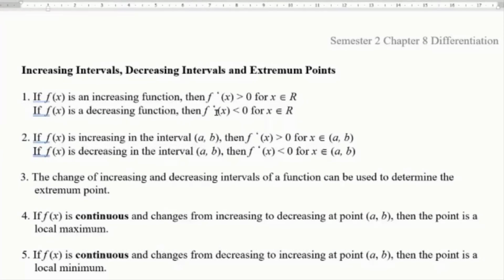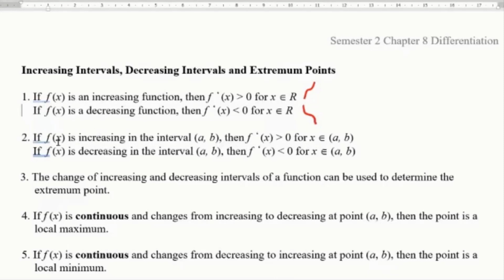If the derivative is less than 0 for all values of x, then this function is decreasing. This is an example like this one. The whole graph is increasing, the whole graph is decreasing.